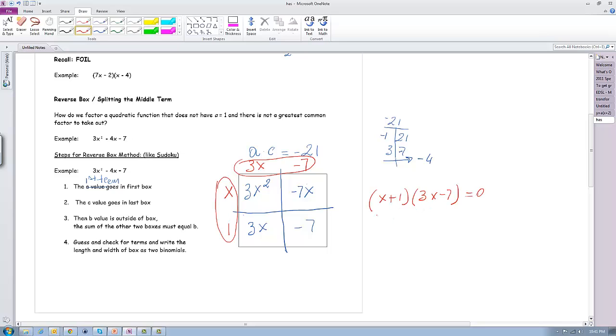To find the solution, you set both binomials to 0, so x plus 1 equals 0 and 3x minus 7 equals 0, and you will find that x equals minus 1 and x equals 7 divided by 3, 7/3. And this is how you use your reverse box method.